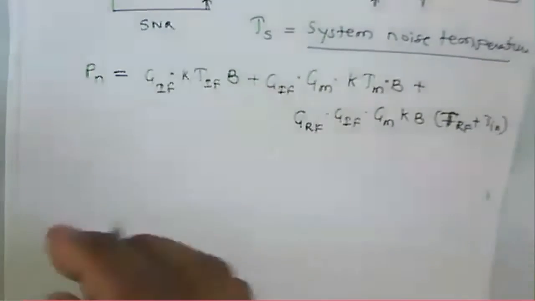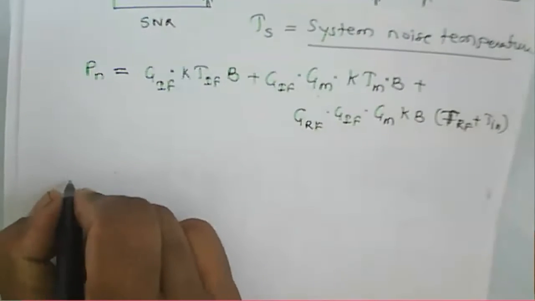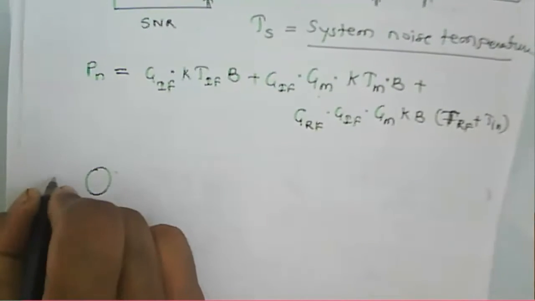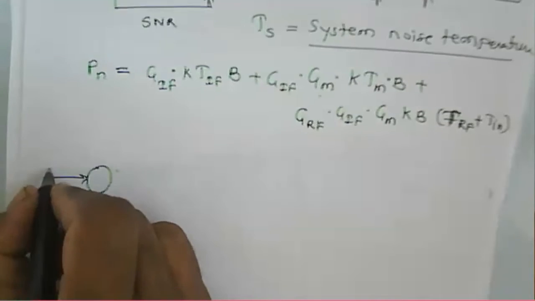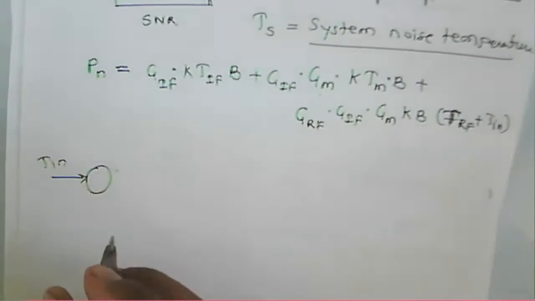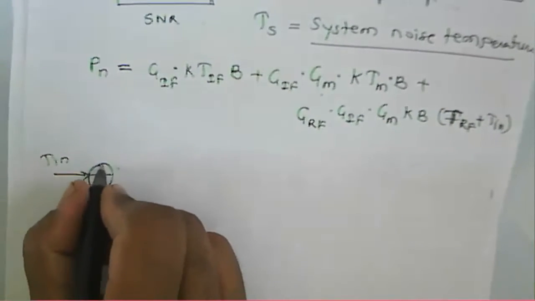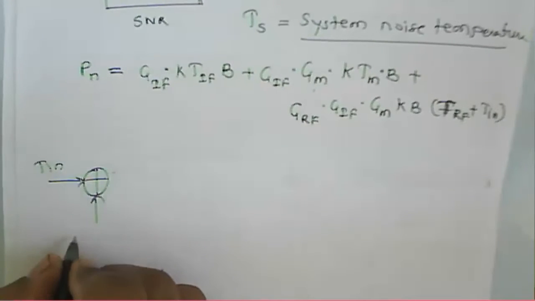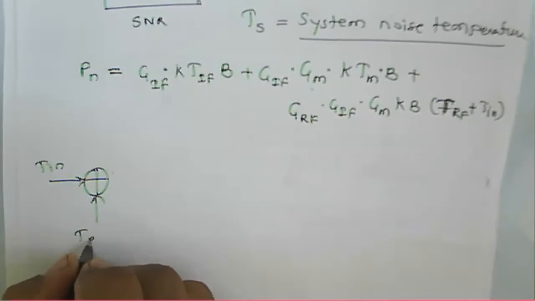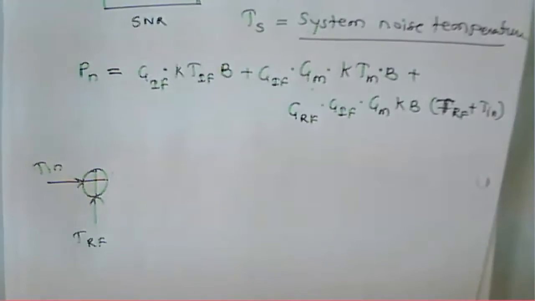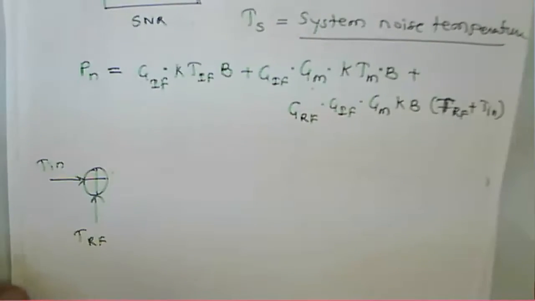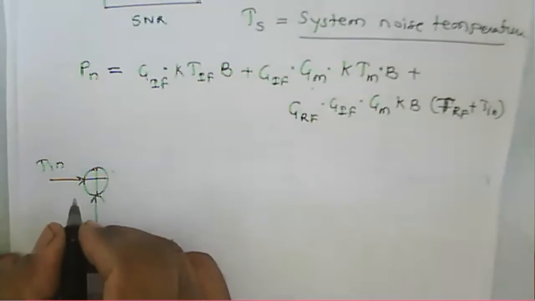Now, how does this come about? Consider a given particular receiver. That is about the input temperature for the receiver, and we have the RF amplifier, then the noise temperature for the RF amplifier, which will be TRF.